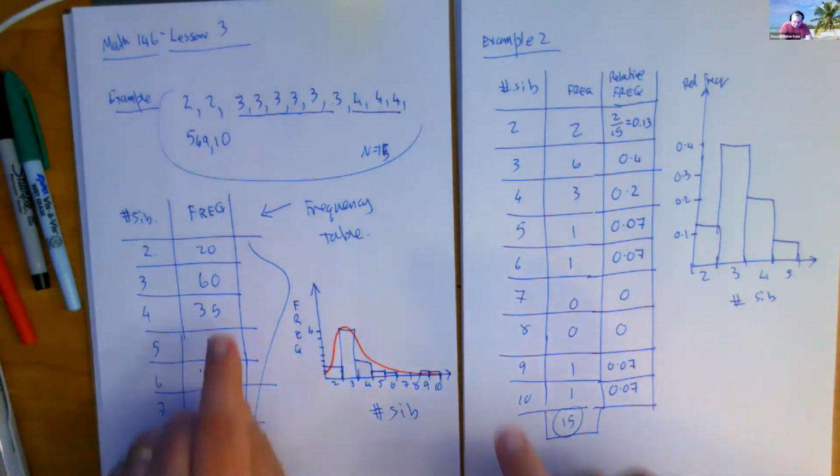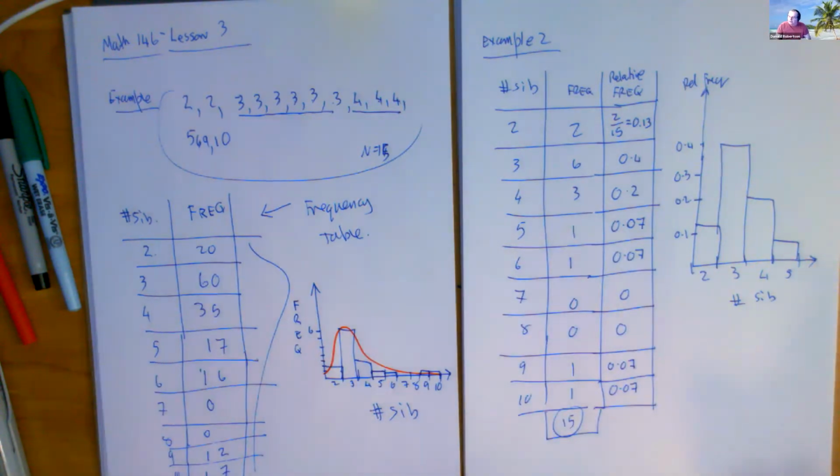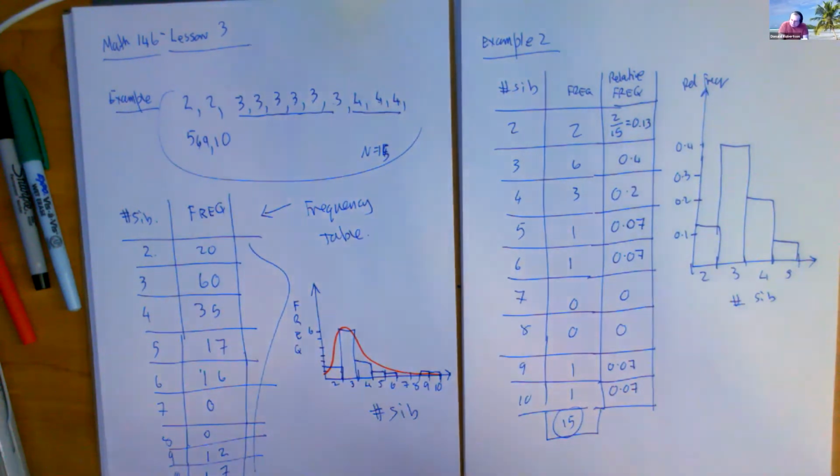If you just looked at the raw data, wouldn't it be hard to compare them? Because a class that's twice as big, shouldn't it have twice as many 3 siblings and 4 siblings? But if you convert them into relative frequencies, aren't you comparing like with like now? You're 20%, I'm 20%, that's an equal match. So I can look at those 2 classes and say, yeah, they're looking very similar.